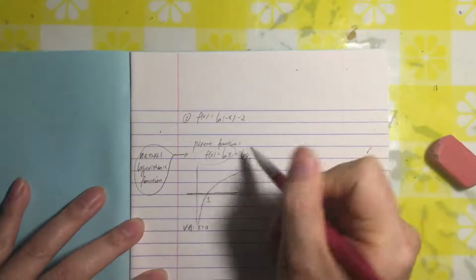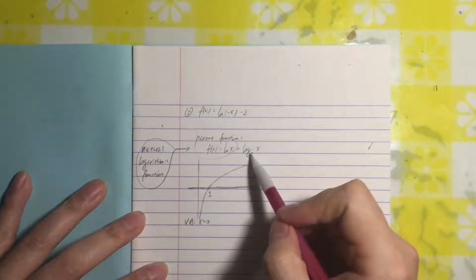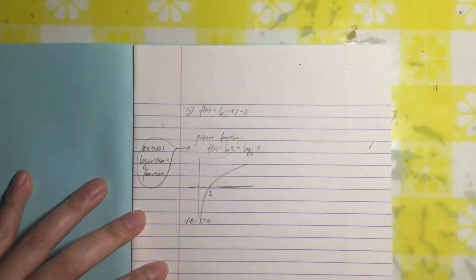When the base is e, that's called a natural logarithmic function. Since e is greater than 1, the graph is increasing from left to right.